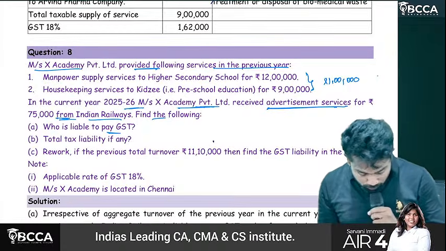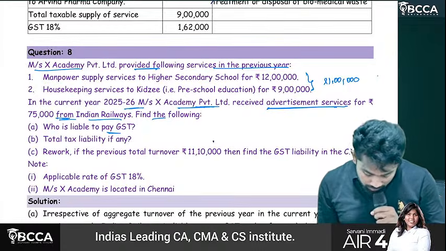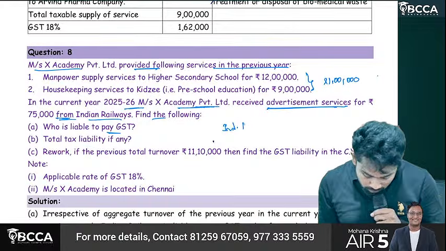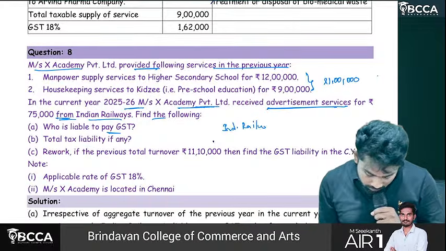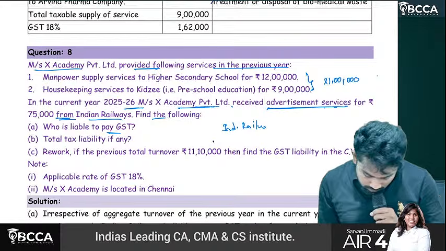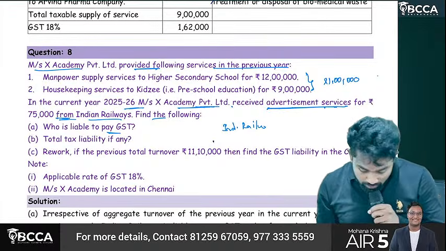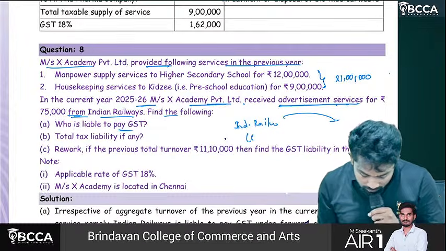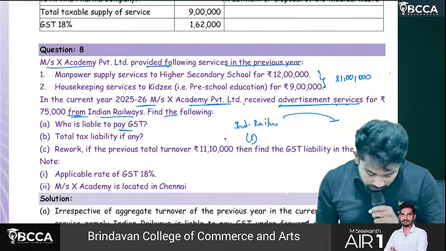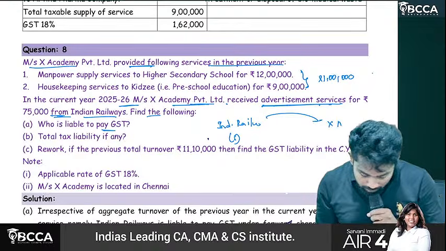Sir, here, Indian Railways is the supplier, which supplied what? Advertisement services to whom? X Academy Private Limited.